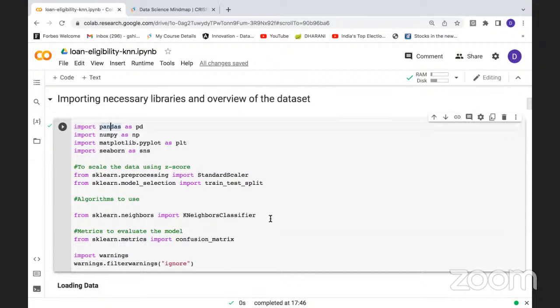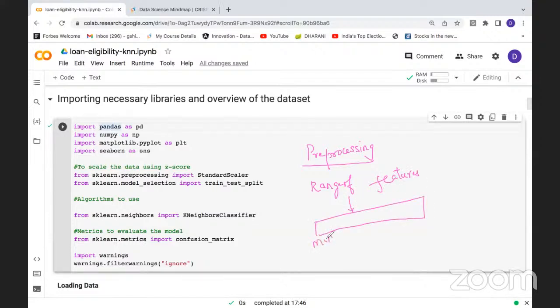What is scaling? Scaling is nothing but a kind of pre-processing where whatever the range of your columns or features, all should come and stay in one range.